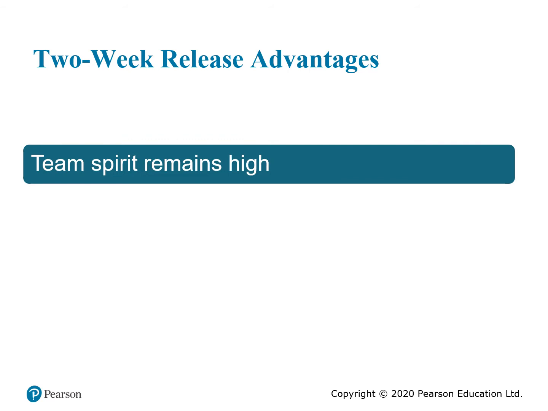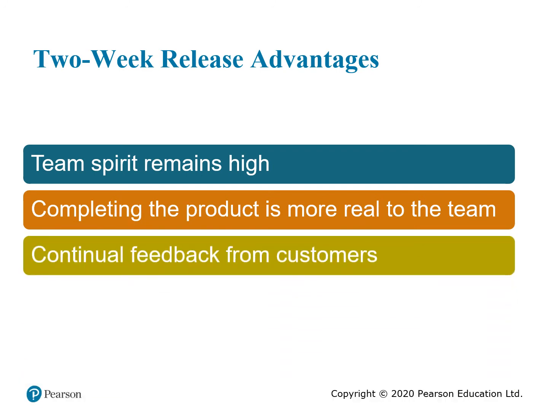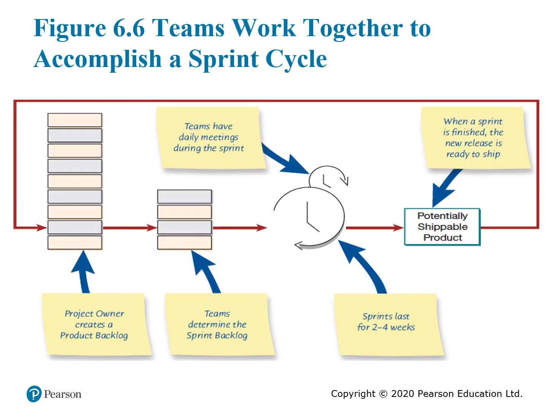Okay, so there is one technique about 2 weeks release. The advantages are that the team spirit remains high, completing the product is more real to the team, and there is continual feedback from the customers. And here we have a team working together to complete the sprint cycle.